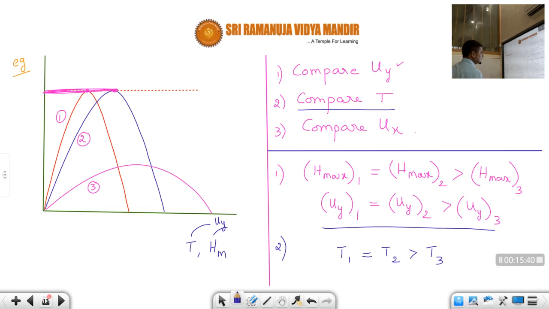Directly we can write. Correct or not, students? Because time of flight is dependent on Uy only. We obtained the Uy relation from the diagram, and H max is directly proportional to Uy, so we can write Uy in place of H max. And once you get Uy, you can also write T, time of flight.